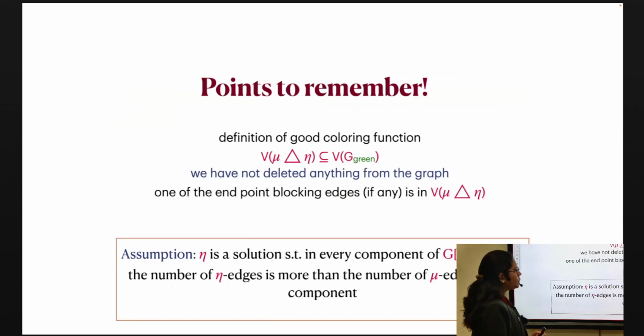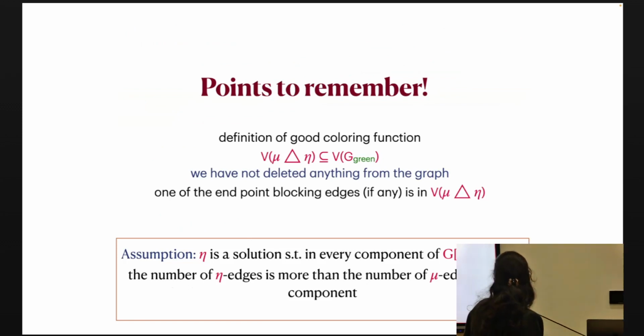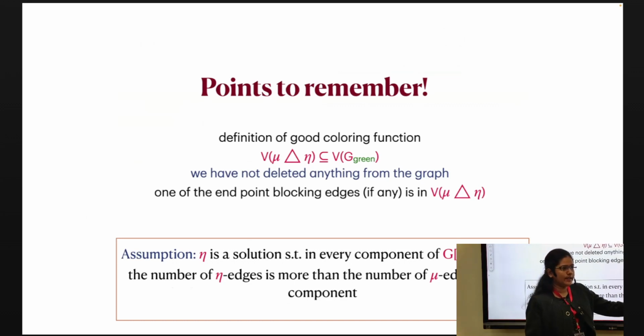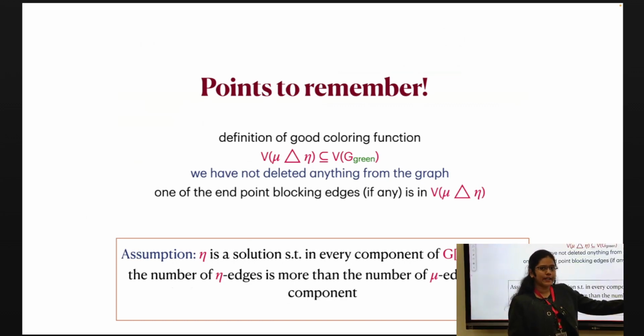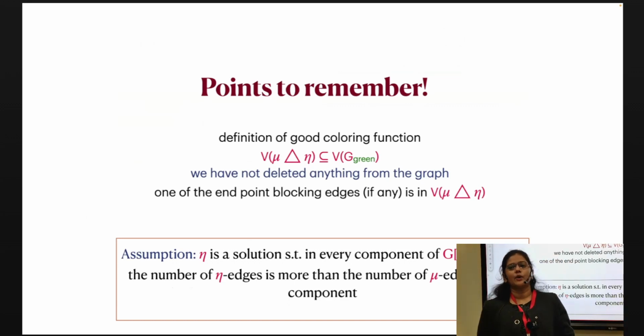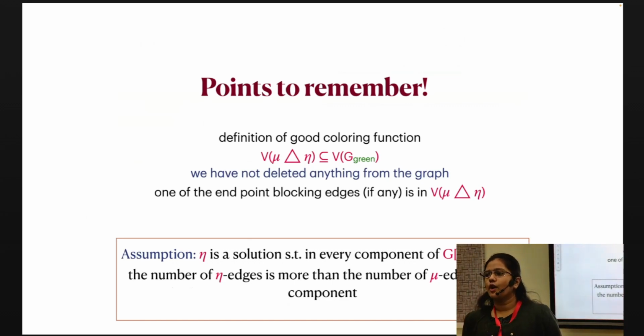One more assumption: it is safe to assume that, let us say eta is a solution, such that in every component, if you look at the symmetric difference edges, then eta edges are more than mu, and this is a safe assumption. We can say that, let us say you have a solution where this does not happen, then you actually do not need to augment there.